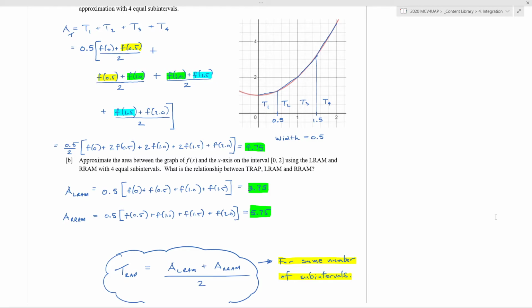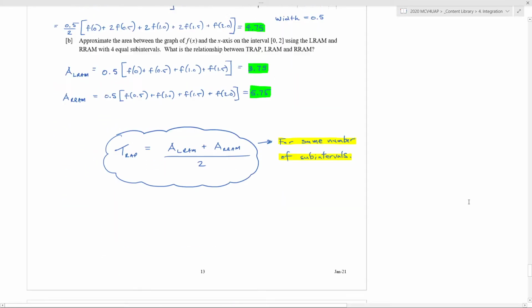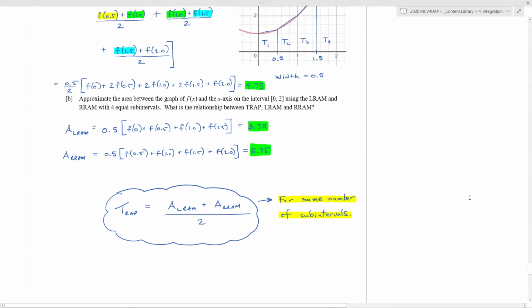Look at the calculation in A, and then look at the calculation in B, and I think you would agree that if you just found LRAM and RRAM and then found the average, that would be easier than all that nonsense in part A. So that's the whole point of showing you that relationship. Any questions on that?